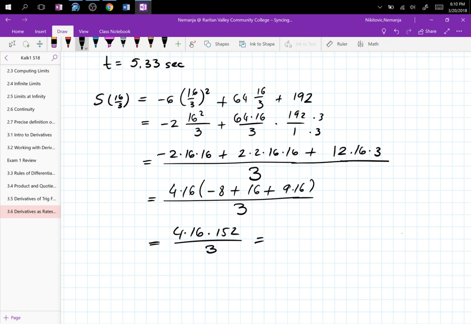Now I have to do 152 times 16, which is 2 to the 4, and 2 to the 6 over 3. All right, good. There we go. So what do I have? 152. I need to double it 6 times.